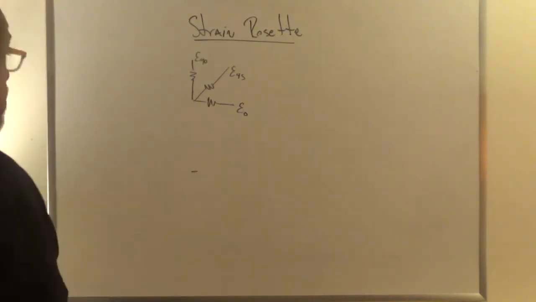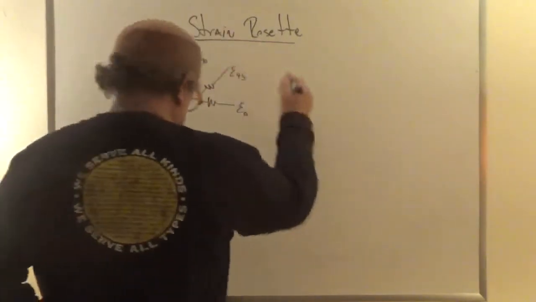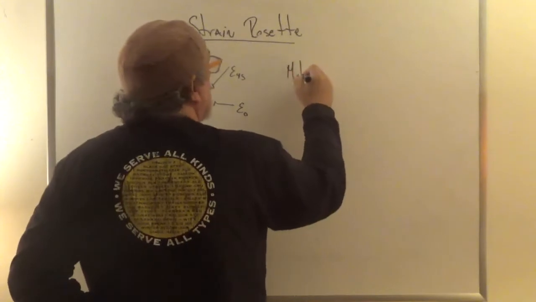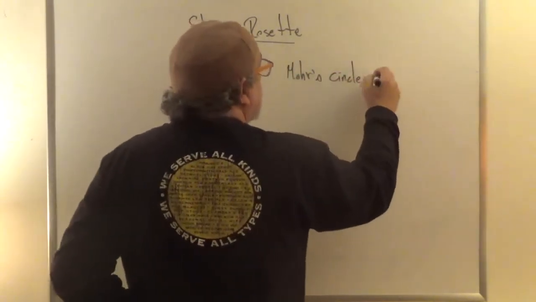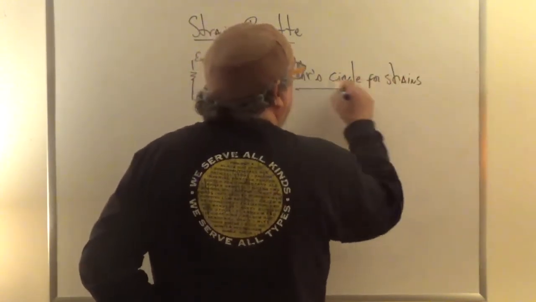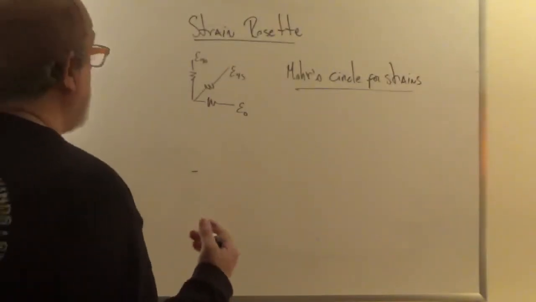And this allows me, by the way, to introduce the Mohr circle for strains. So just like we have a Mohr circle for stresses, we can do a Mohr circle for strains.